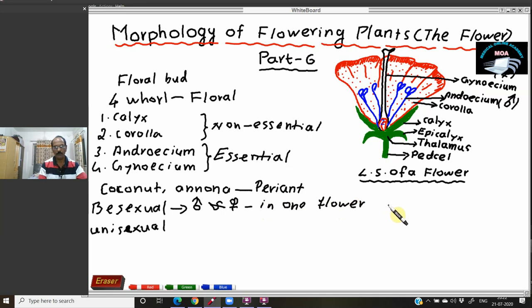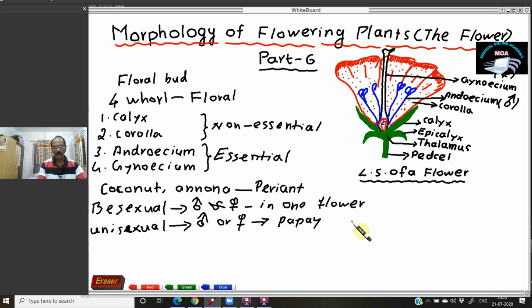For example, hibiscus is a bisexual flower. And if only one sex organ is present in a flower, either male or female, either androecium or gynoecium, then this flower is known as a unisexual flower. Only one sex organ is present. Example, papaya. In papaya, one plant produces the male flower, and another plant produces the female flower.